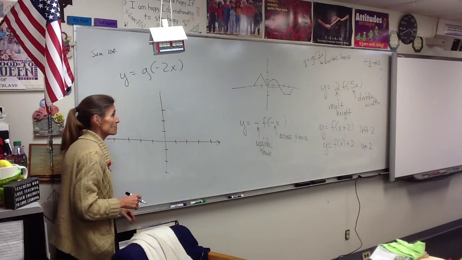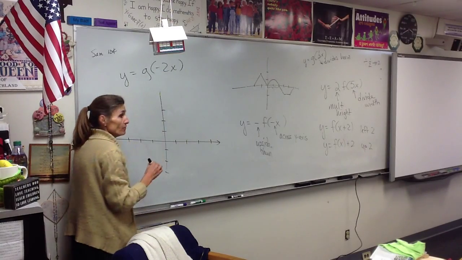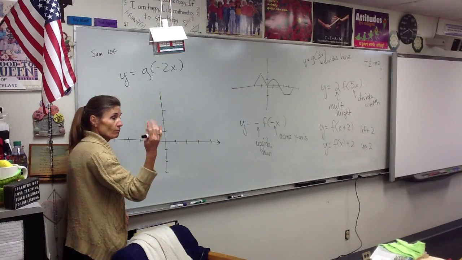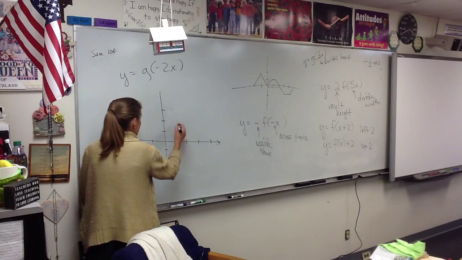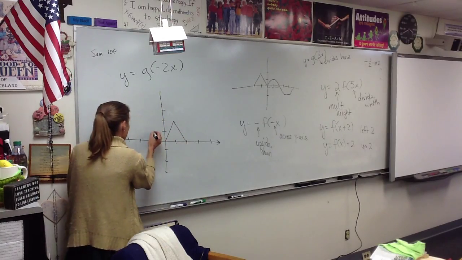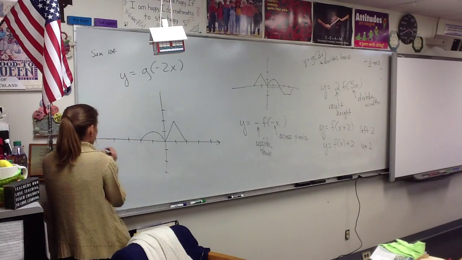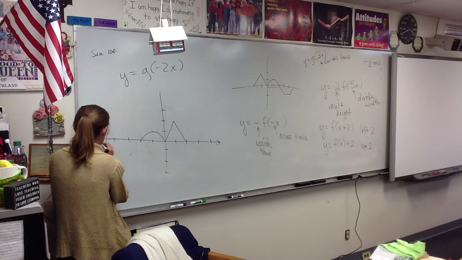Right, so back to our last problem we're going to do together here. That negative flips it across the y-axis. So here's my V, here's my circle, and here's my trapezoid.